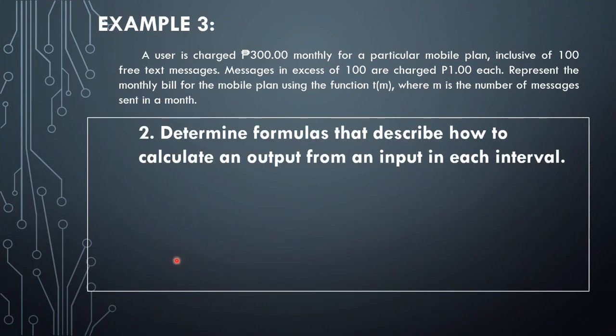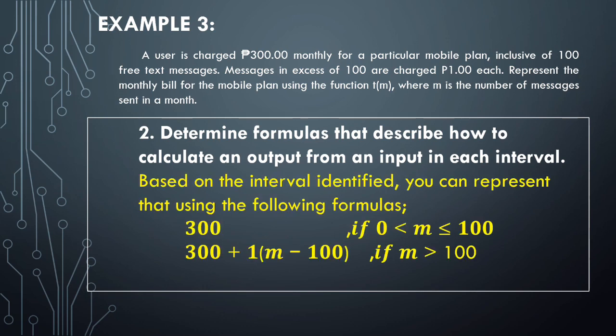Next, determine formulas that describe how to calculate an output from an input in each interval. Based on the intervals identified, you can represent that using the following formulas. 300 if m, the number of messages, is greater than 0 but less than or equal to 100.